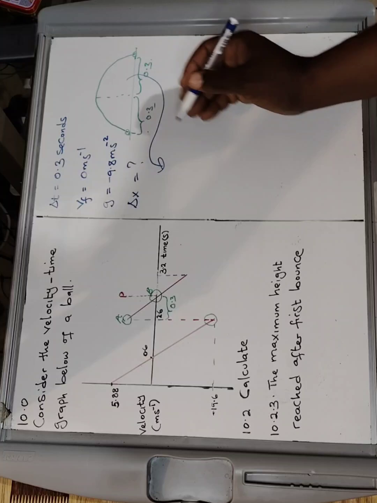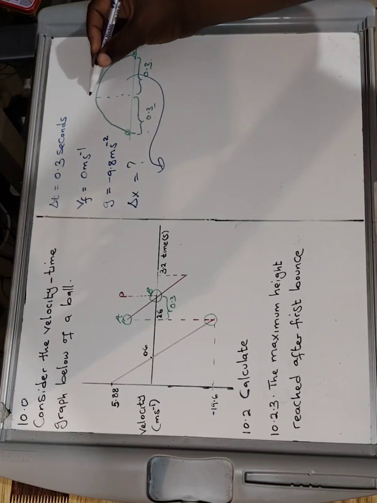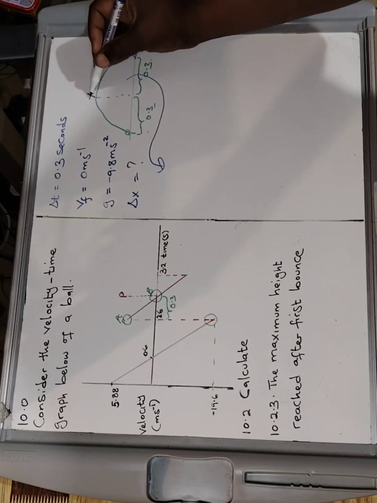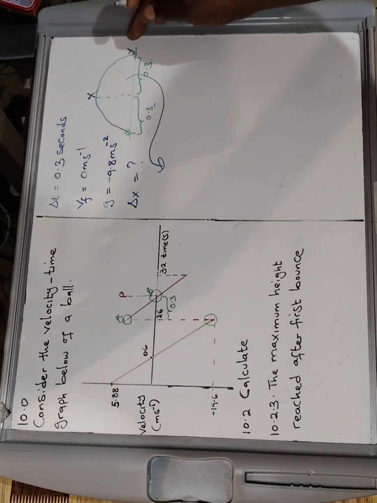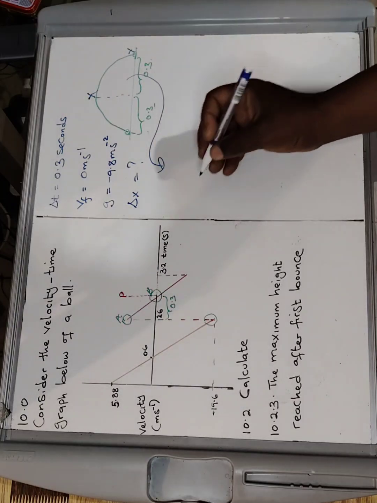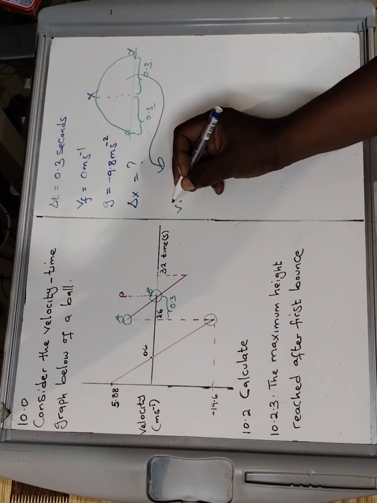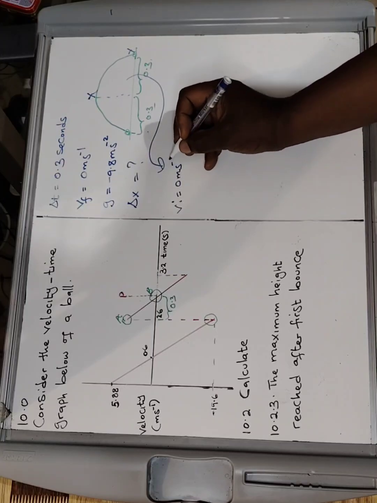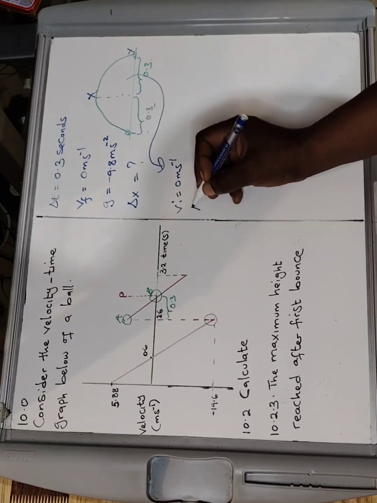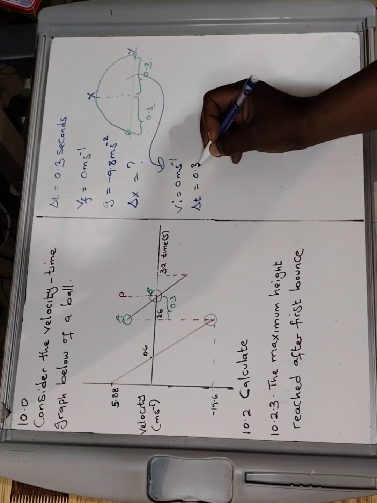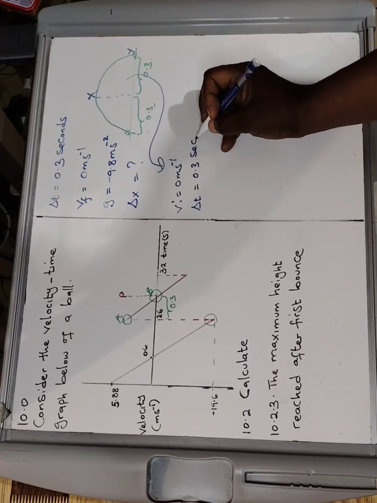What do we get from this half? Remember, now we are taking this one as x and y. That's the side we are going to take. So if that's what you are taking, we have our initial velocity in this case as 0 meters per second. We know our time, which is 0.3 seconds.